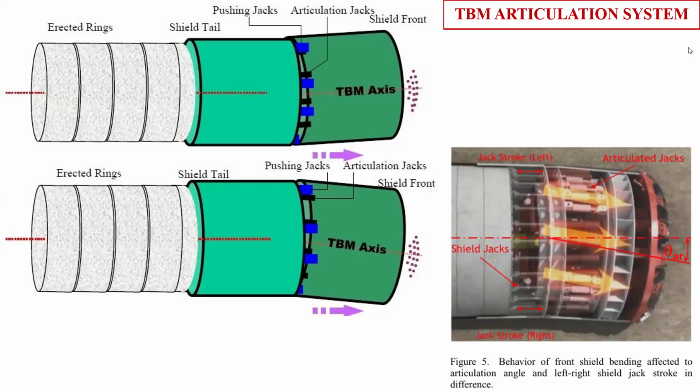The pushing jack gives the thrust against the segments and allows the TBM to move. But the TBM movement direction is controlled by the articulation jack, which controls whether the TBM goes left, right, upward or downward.